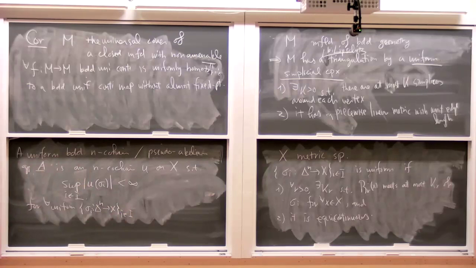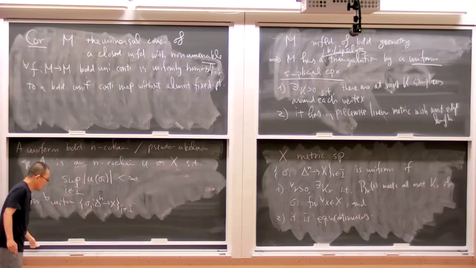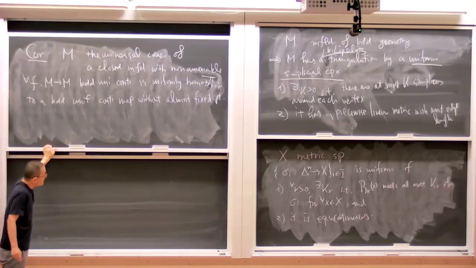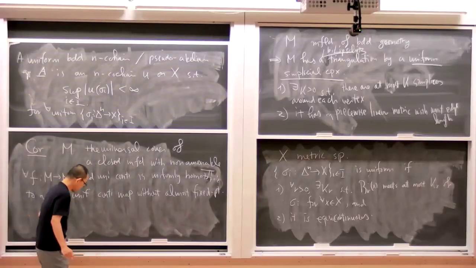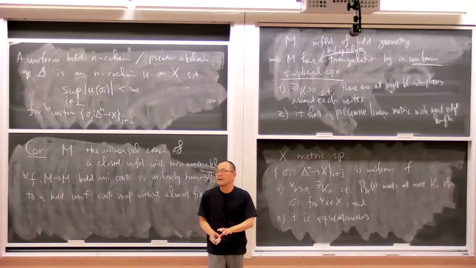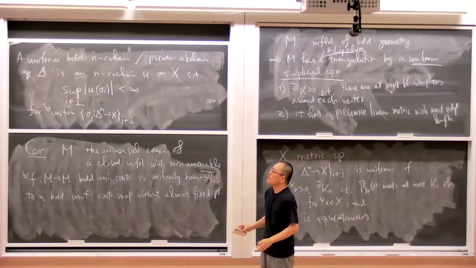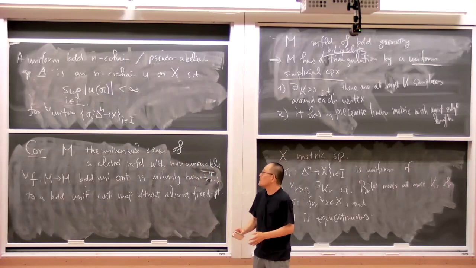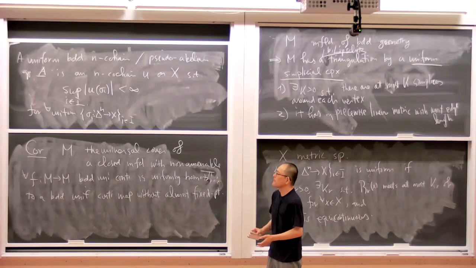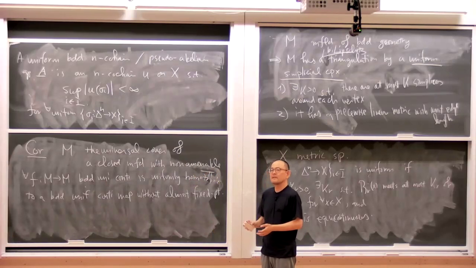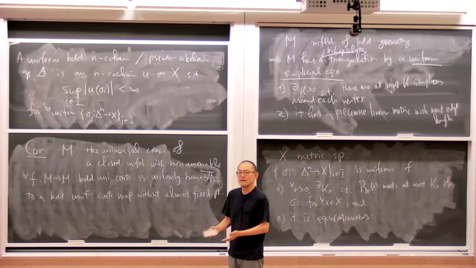So the usual bounded n-cochain requires boundedness on any family of all n singular simplices, but we only require boundedness for any uniform family of n-simplices. Now, of course, uniform bounded n-cochains form an abelian group, and it forms a cochain complex by the usual coboundary maps.